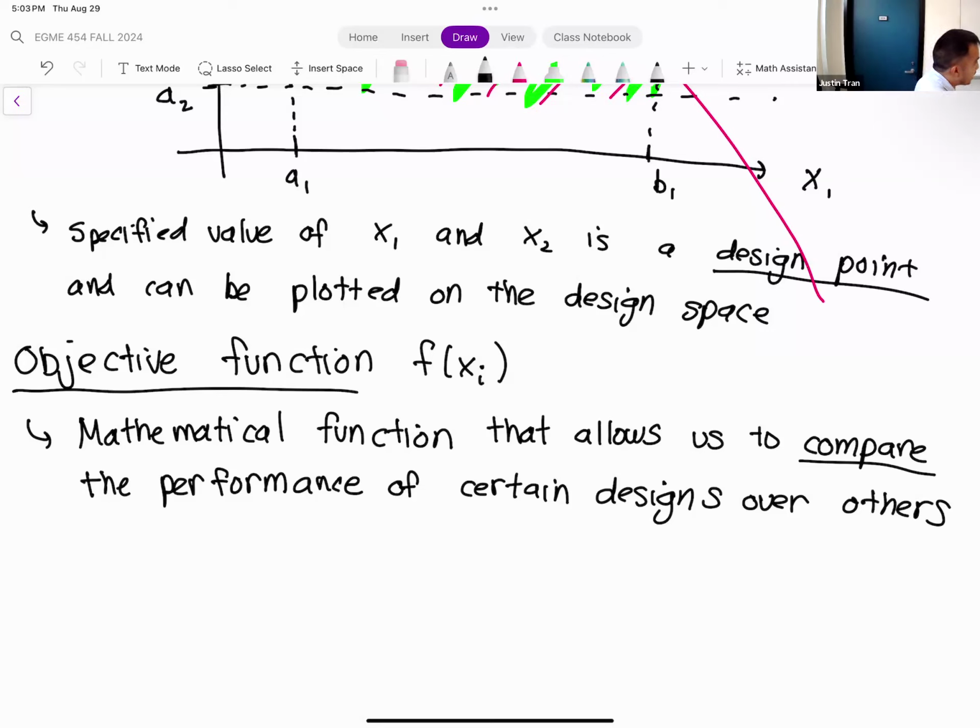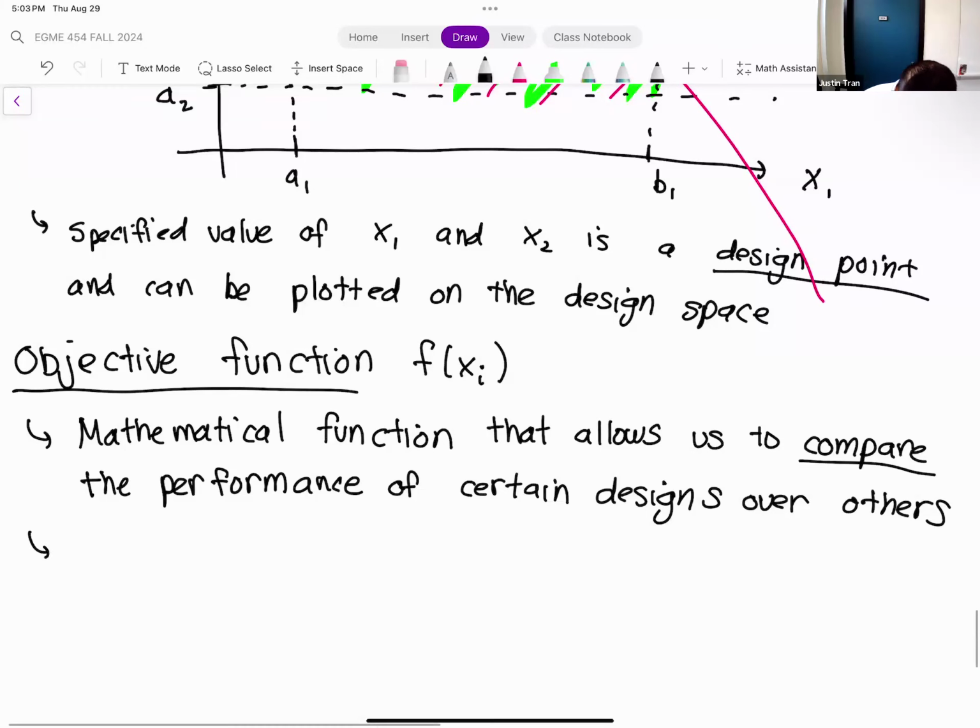Because it's one thing for a design to be valid, right? It's another thing for a design to outperform another, right? And that's ultimately what we strive to achieve in optimization. It's the one that's going to get the best performance given our particular design. Okay.